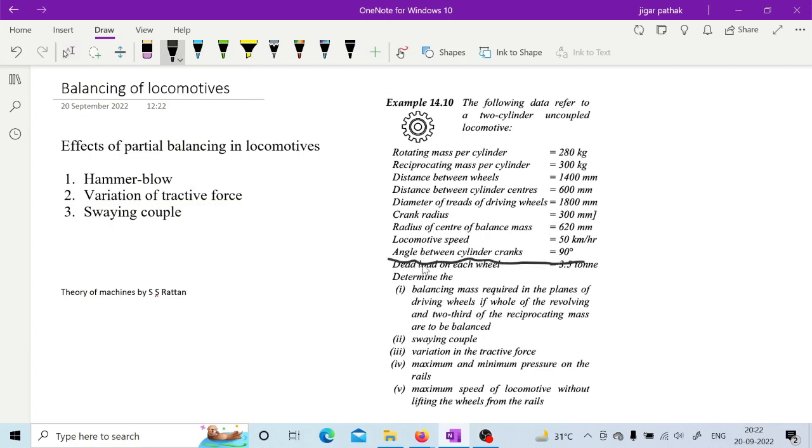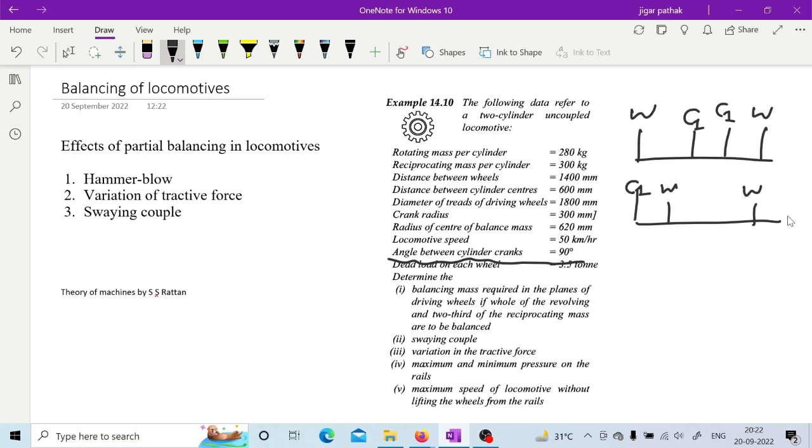So you can have that cylinder inside the plane of wheel. And if you are having an inside locomotive, then your crank plane will lie inside. And in case of an outside locomotive, you will have the plane of wheel, and that crank will lie outside.